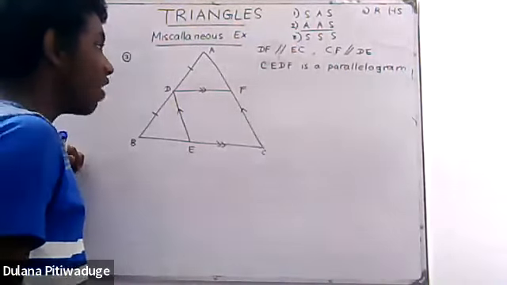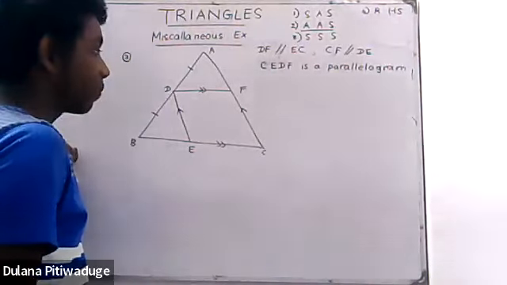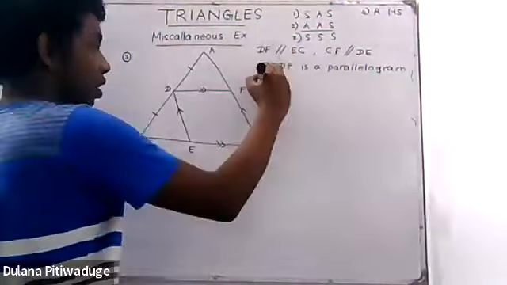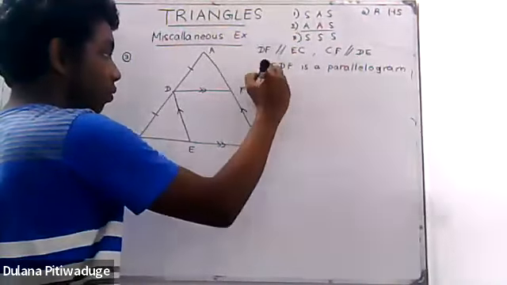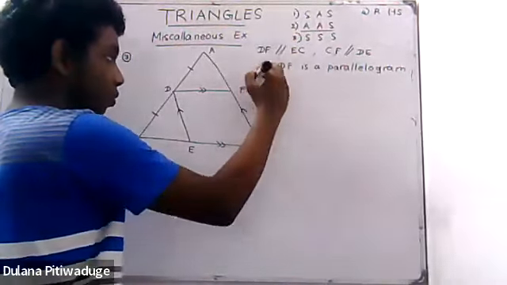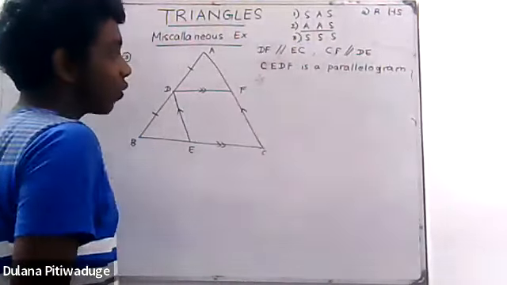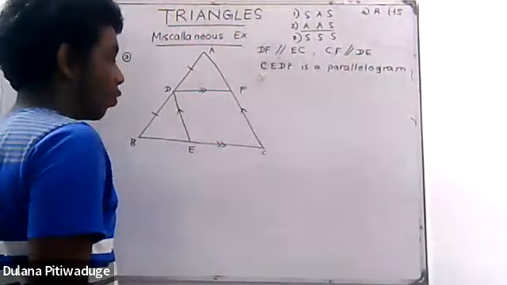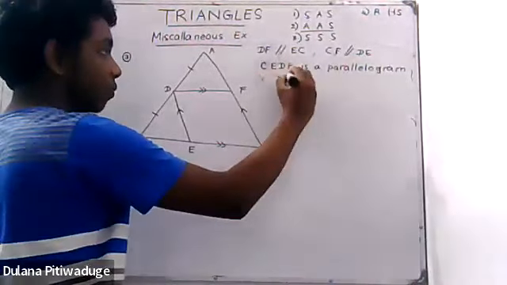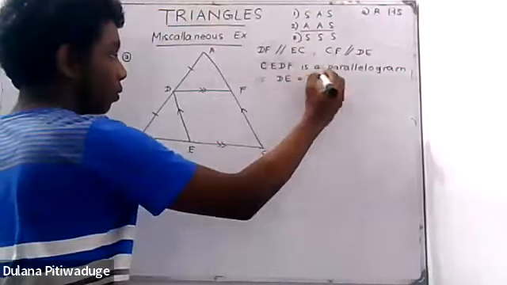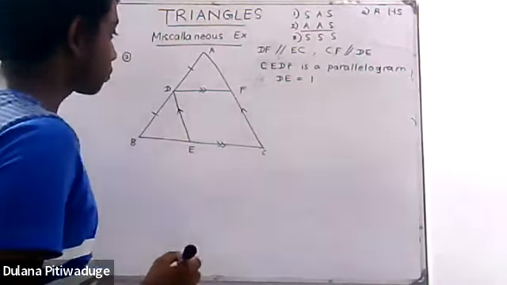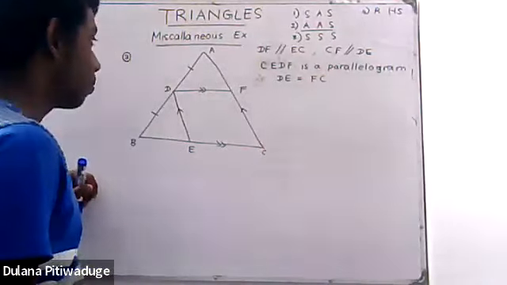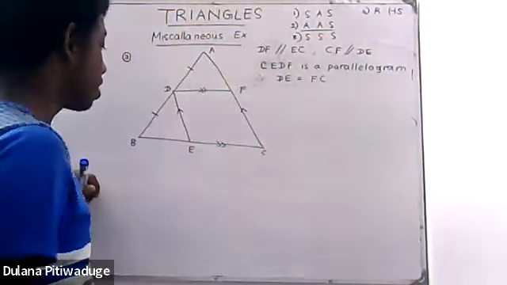If CEDF is a parallelogram, then opposite sides should be equal. Therefore, this is the symbol we use for the word therefore. It's a mathematical symbol. Therefore, DE is equal to FC. But we have to consider these two triangles, right?